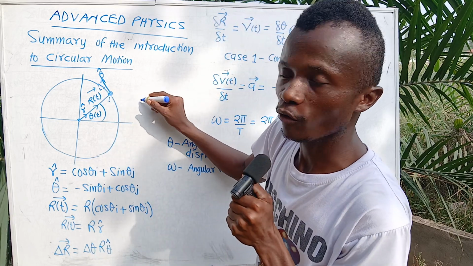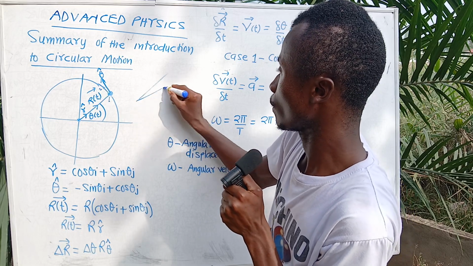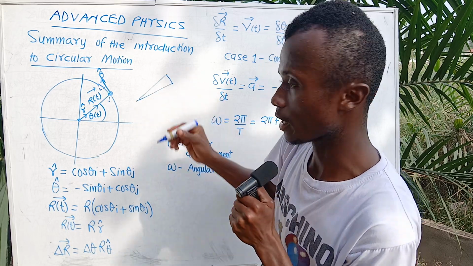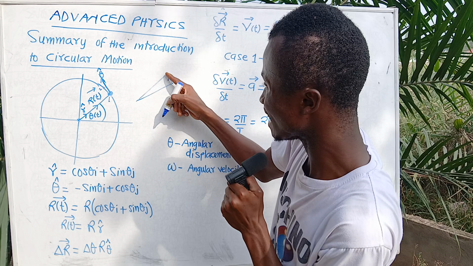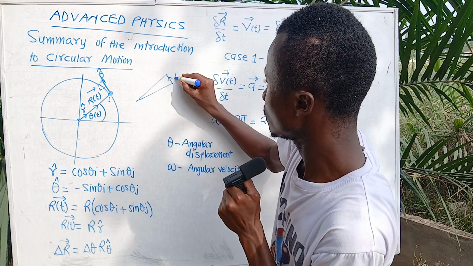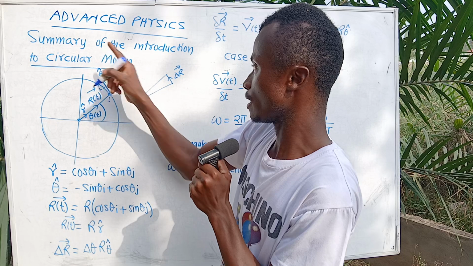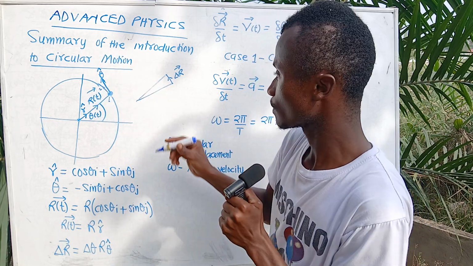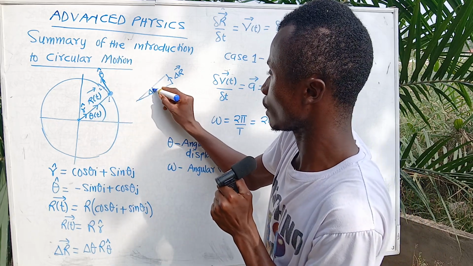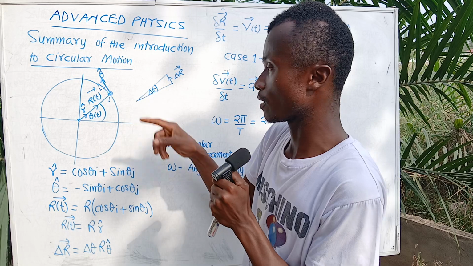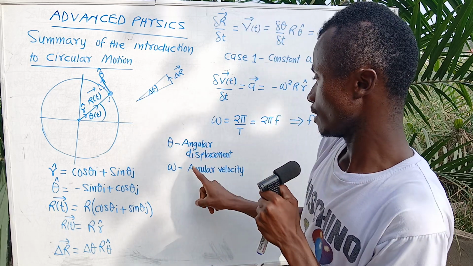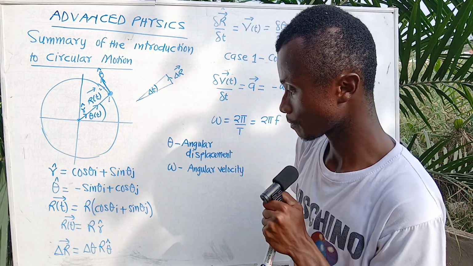If we recall from the previous video, delta r at an infinitesimal time is represented by this linear distance, but it is pointed in the direction theta roof, so it is a vector. And it defines an angle delta theta at the center of the circle, and theta is called angular displacement.